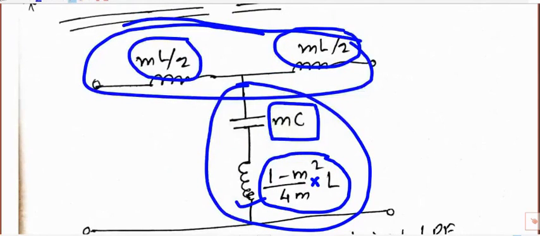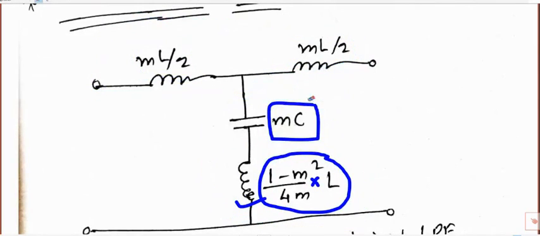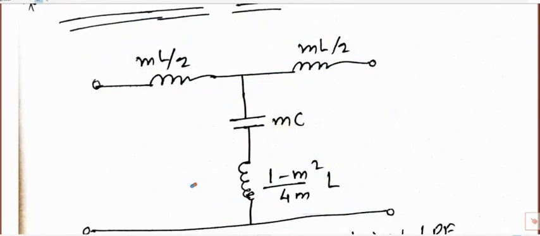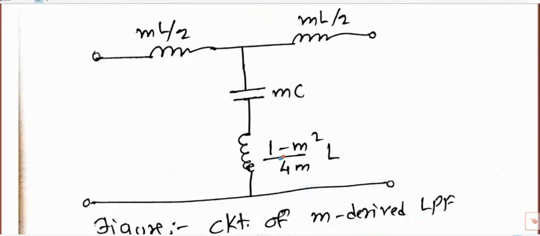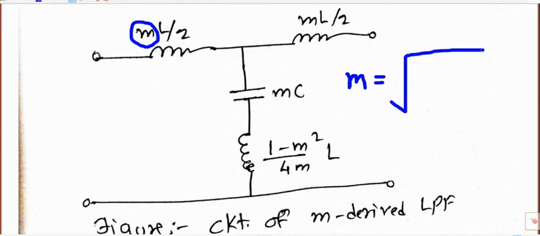For the constant K low pass filter, we already know the value of L, the value of C, the cutoff frequency, and the design impedance. We just have to calculate the value of M by one formula: M equals under root of 1 minus (f infinity by fc) whole square, as given.